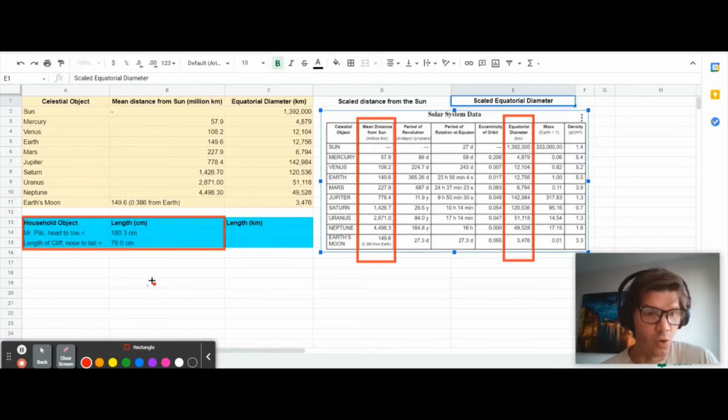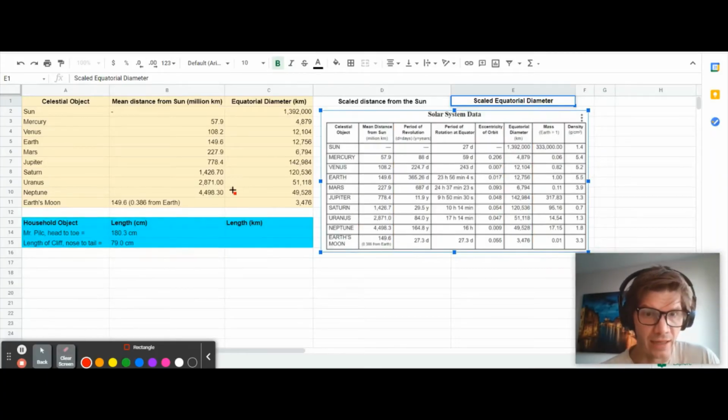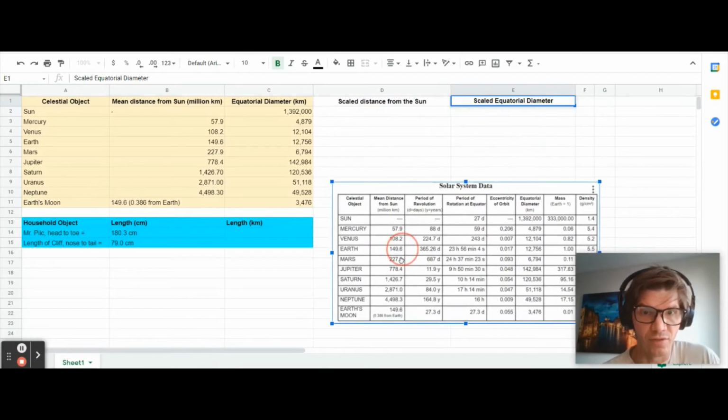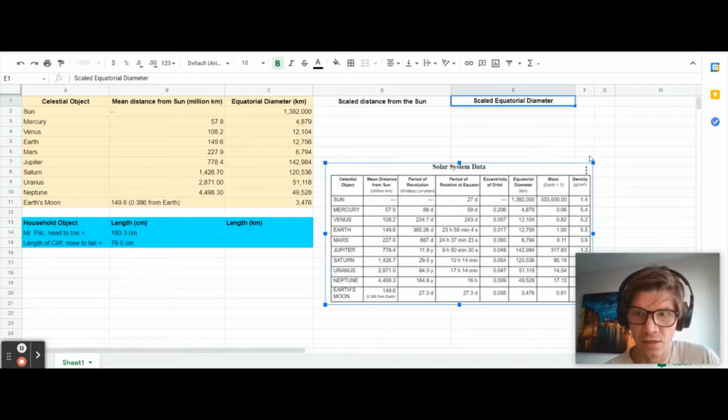So we'll kind of work with these numbers a little bit and see how they relate to planets in our solar system.